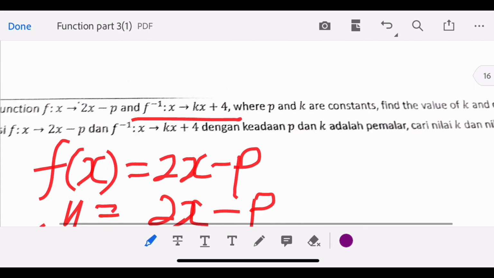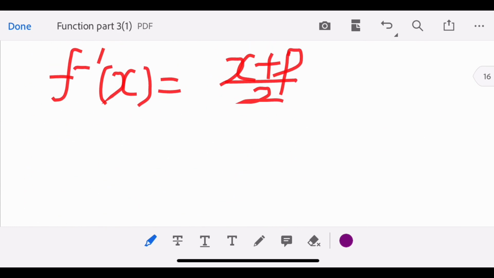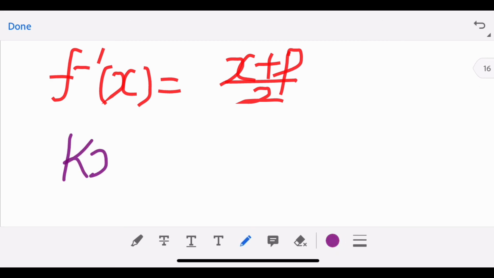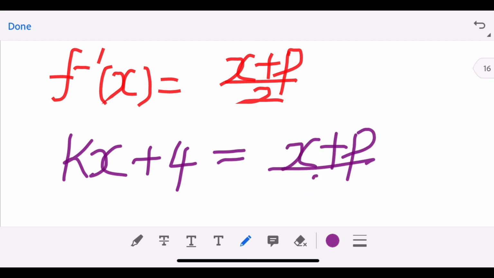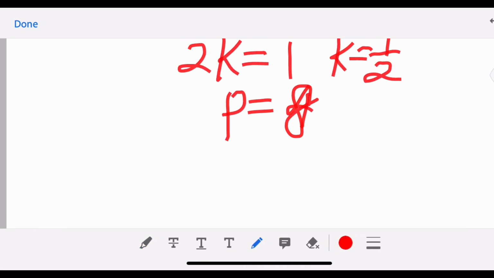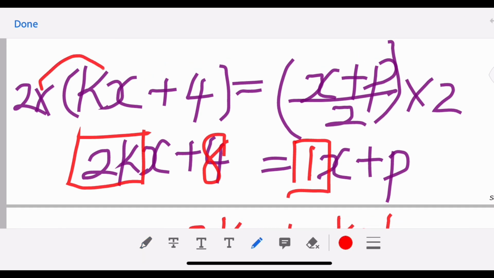What is the inverse given? Kx plus 4. So I need to make them equal, so your p will be equal to 8. Alright, double check, because when we multiply, we always forget that we have to multiply the 2.